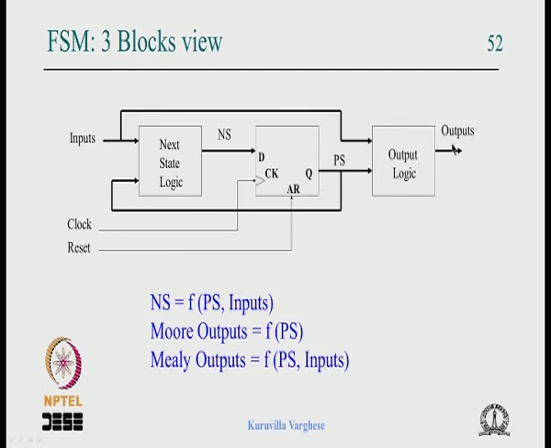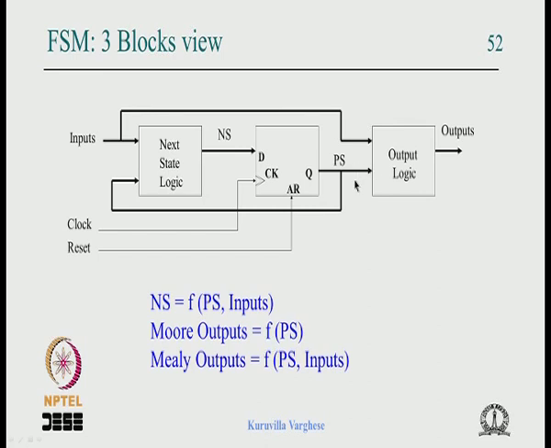We have seen the output is generated as a function of the present state, but in principle we can generate the output as a function of the present state and the input. It is convenient, it has some advantages in some specific cases. It cannot be done outright in all cases, but in some cases, which we will see, the output can be generated as a function of present state and input.